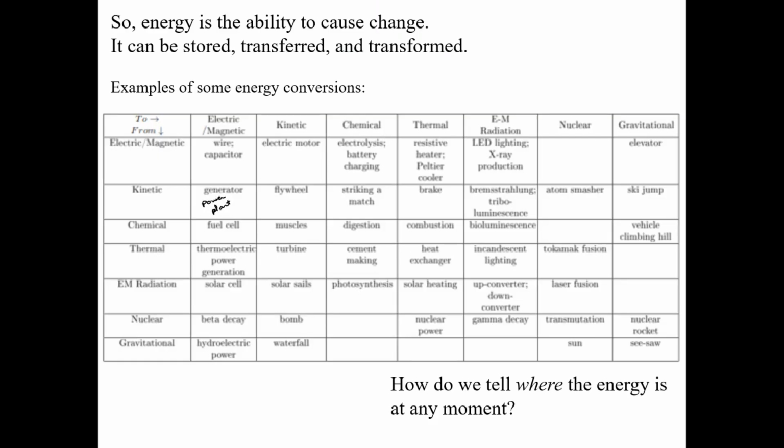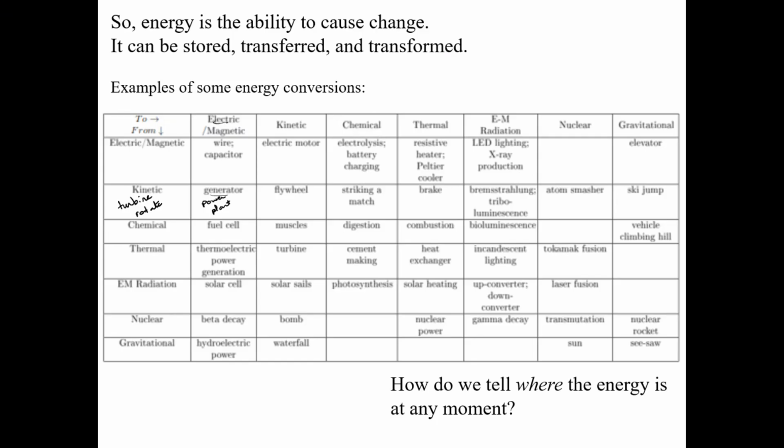Usually I would be exerting some kinetic energy because generators in particular operate through turbines which rotate to produce electricity. So here the kind of energy conversion is from kinetic, a rotating turbine, to electric, where we get some electric energy which we can use.